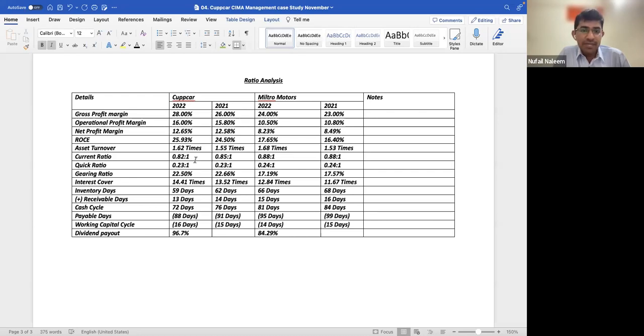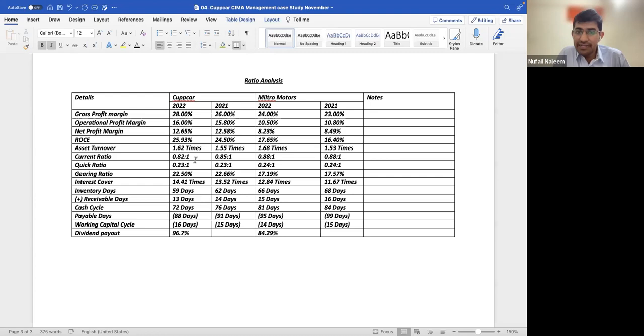And another biggest problem in this gross profit margin is an average gross profit margin, because we are not aware who sells the highest vehicles. Used vehicle is sold by whom, and new vehicle is sold by whom. No idea there. Some analysis can say that Cuppcarr sells more used vehicles. Miltro can sell more new vehicles.